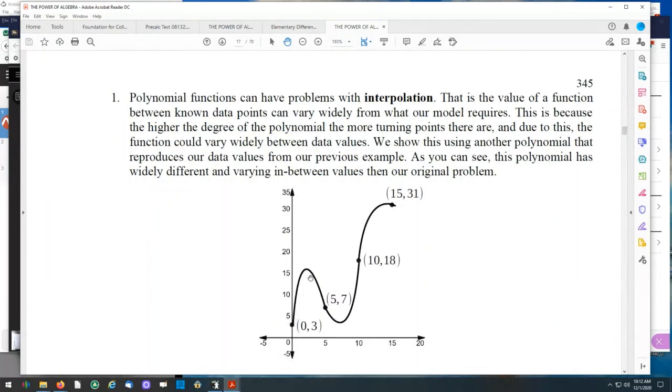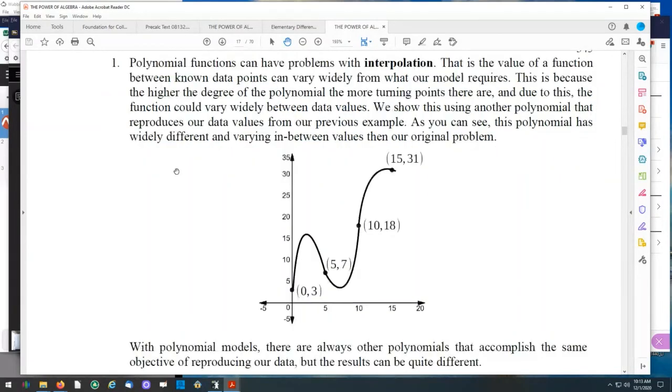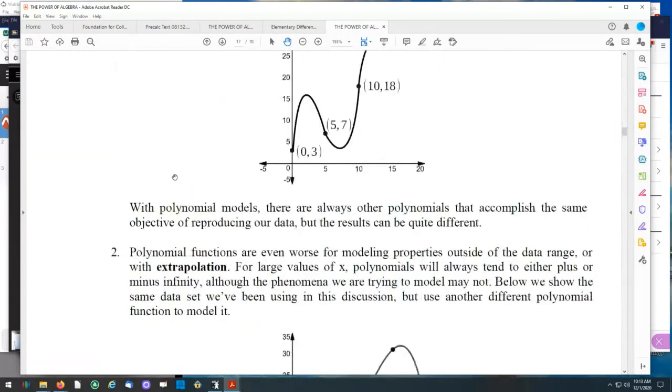You get all those turning points in between, and that messes you up. So you have to be very careful. You can overdo it with a polynomial function. I have 1, 2, 3 turning points, so it probably is a fourth degree polynomial function, and it would not represent my phenomena very well. So that's a cautionary thing. You have to be careful about interpolation.